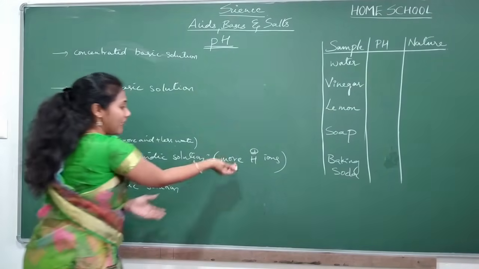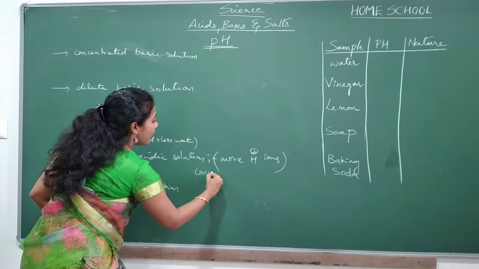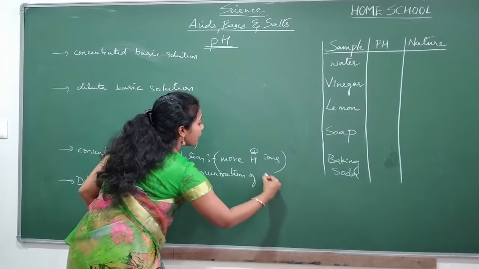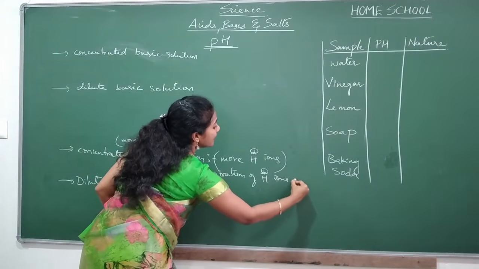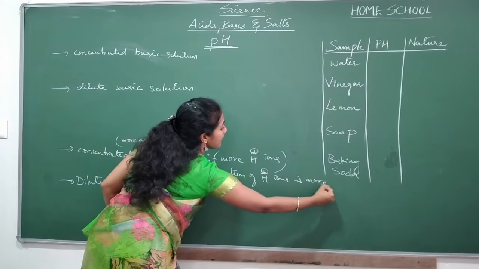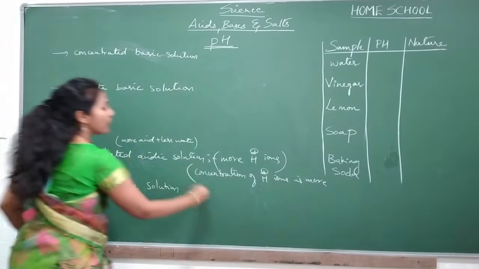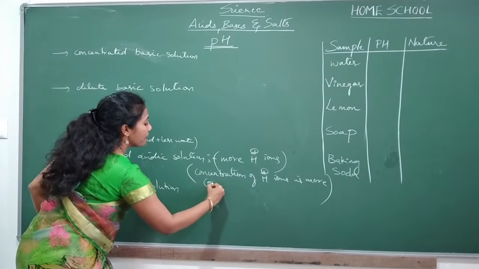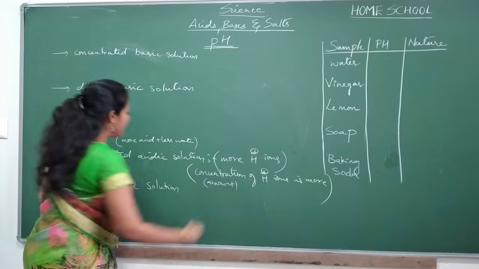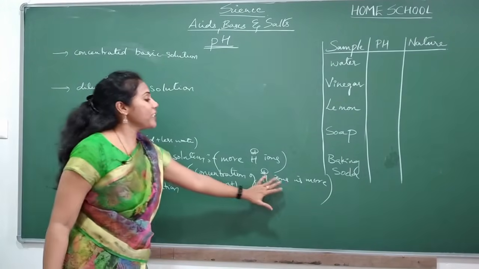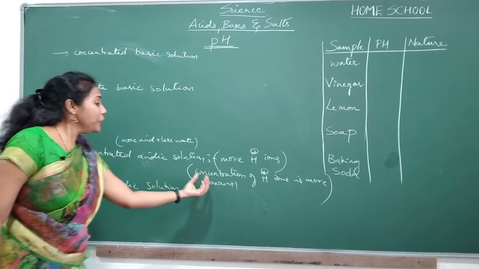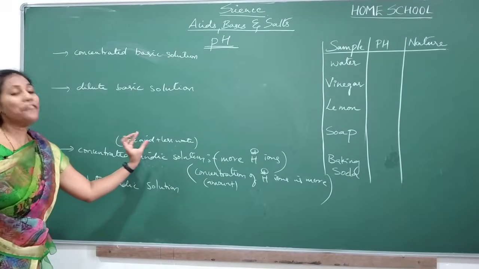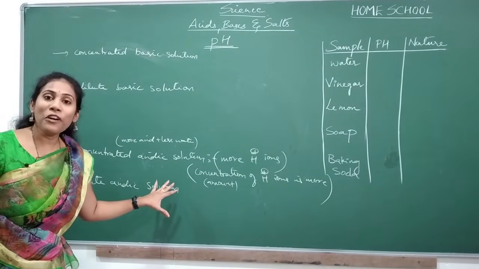That means, in other words, the concentration of H plus ions is more. Here the word concentration also means amount. So in concentrated solution, the amount of H plus ion is more. Why do you find more number of H plus ions? Because more amount of acid is there, less amount of water is there.